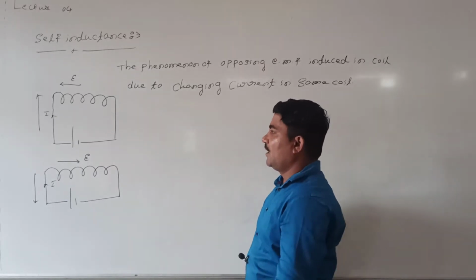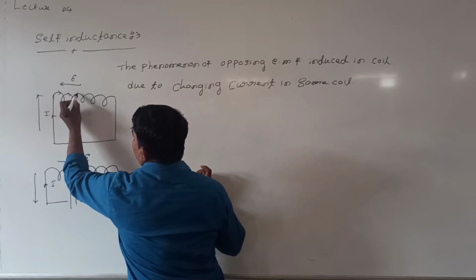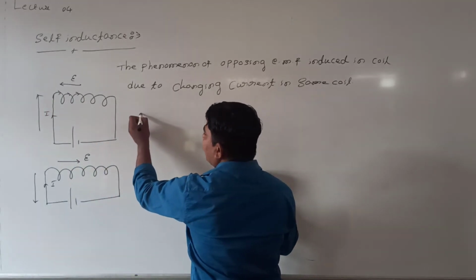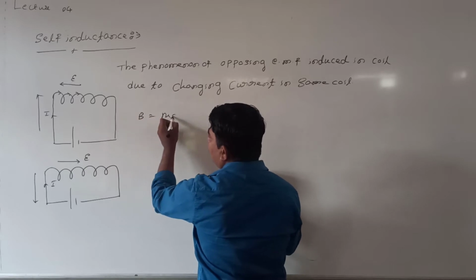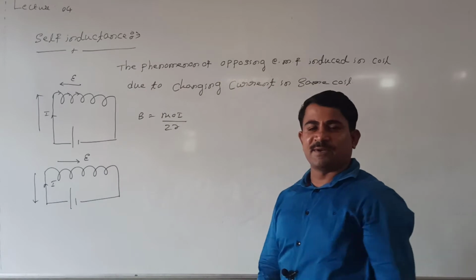See here. Wherever current flows in this coil, in this direction, there is a magnetic field in the coil. What is the magnetic field value? B is equal to mu naught I divided by 2R, where R represents the radius of the coil.